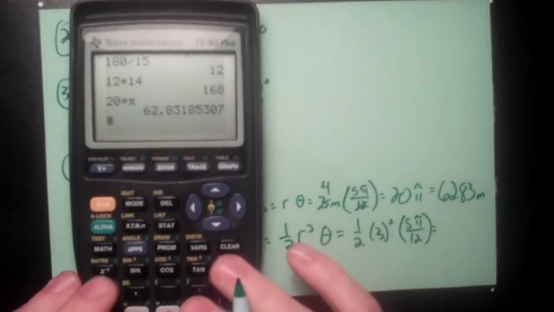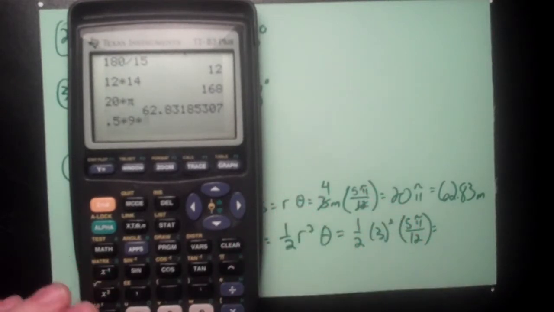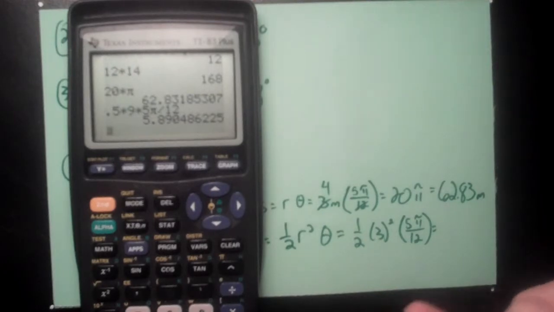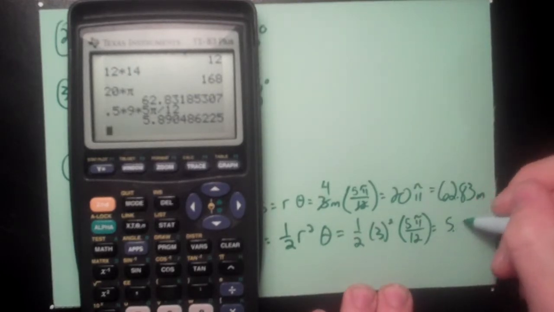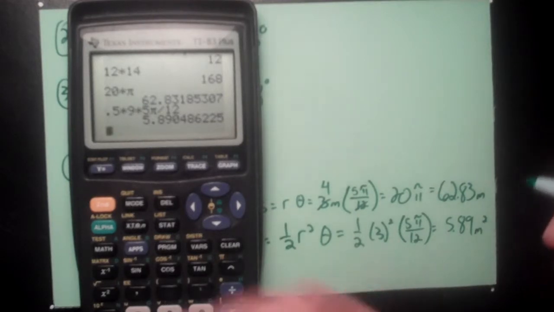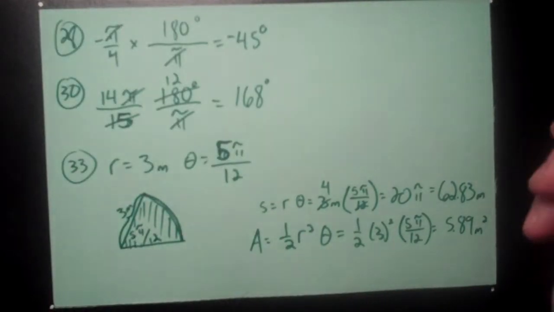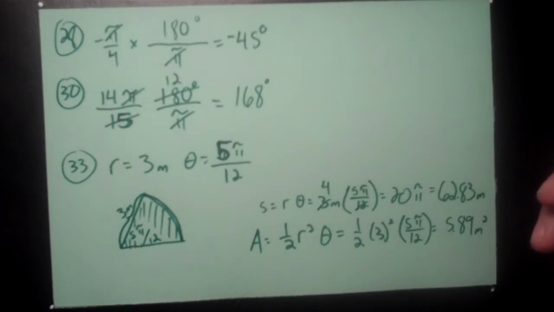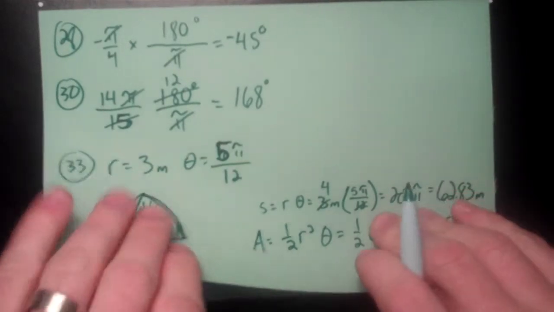We know this is 9, so 0.5 times 9 times 5 pi over 12. And that is 5.89 meters squared. Okay. Make sure that all makes sense. Yep, very good.